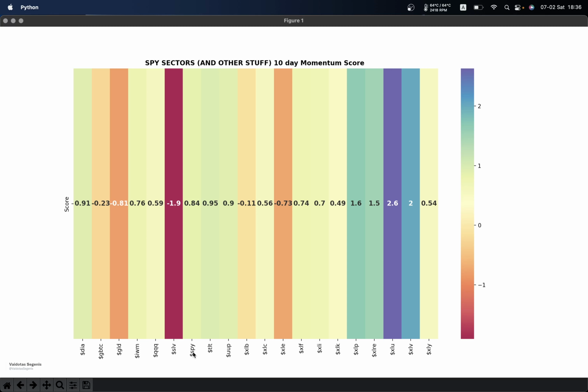XLU is very strong on a 10-day basis. Also XLV is quite strong, but you can see not a lot of negative values. TLT is worth mentioning. In the short term it worked very well for those who bought it, and the signal on yields switched to neutral on my fractal range last week.